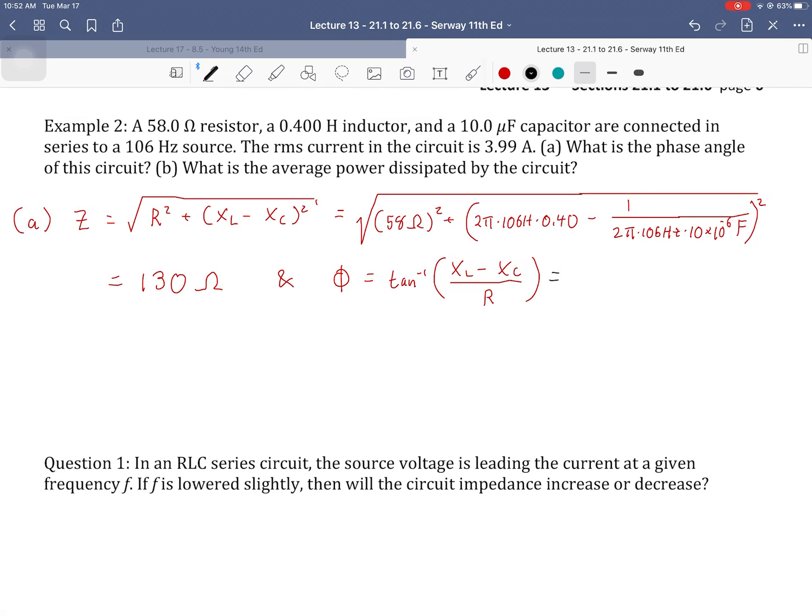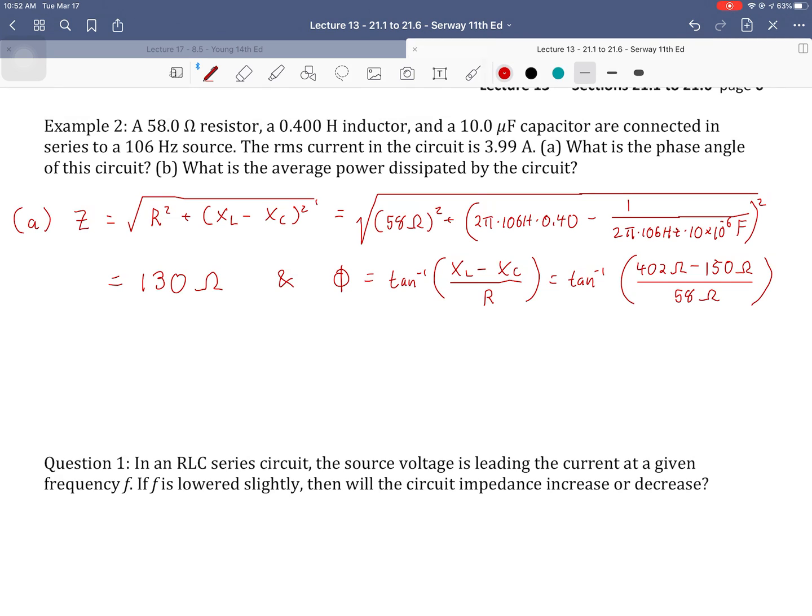So then we would have tangent inverse of 402 ohms minus 150 ohms, all divided by 58 ohms, the resistance.